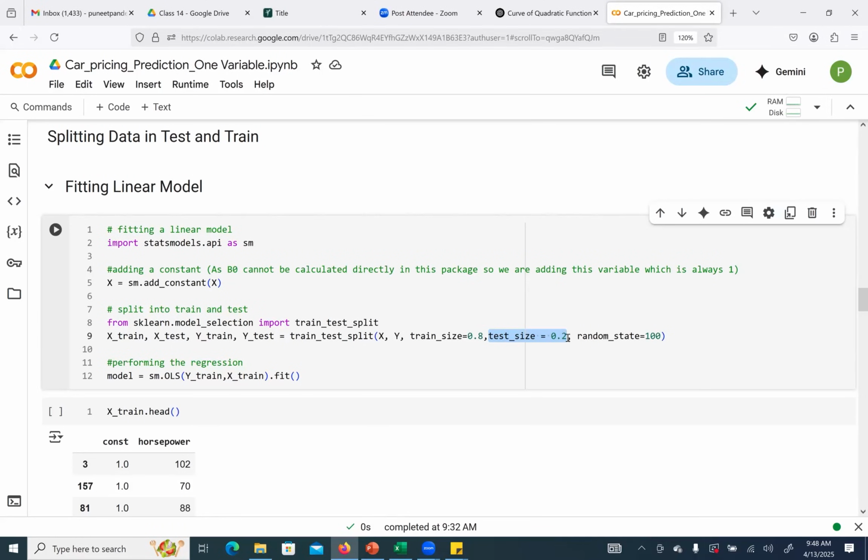On the 80% of the data, I will be training my model. On 20% data, I will be testing my model. You are testing your model to find the prices, right? Yes, by taking horsepower as input, exactly.